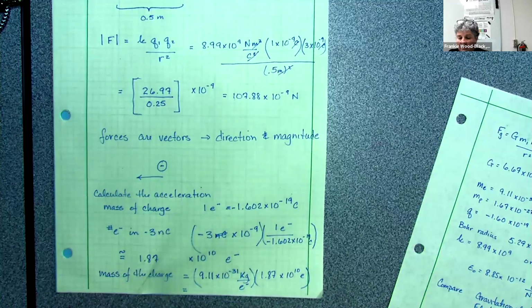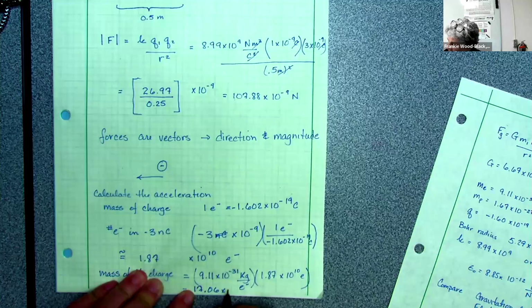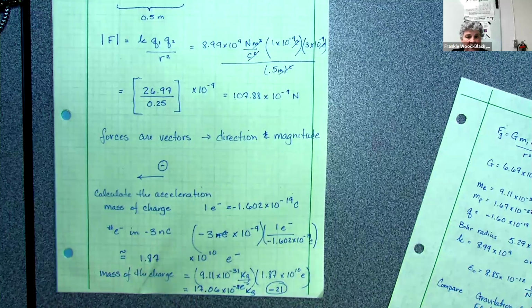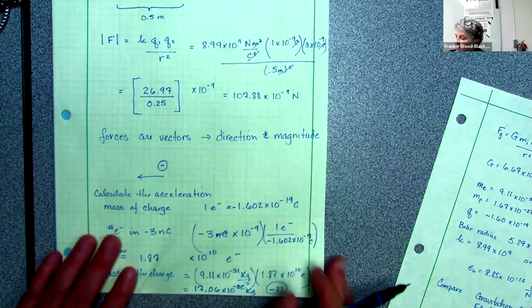So my mass is going to be 17.06 times 10 to the minus 21 kilograms. And that's minus 21, just so that you can see it, because it kind of ran into what's underneath there. So I get 17.06 times 10 to the minus 21 kilograms.